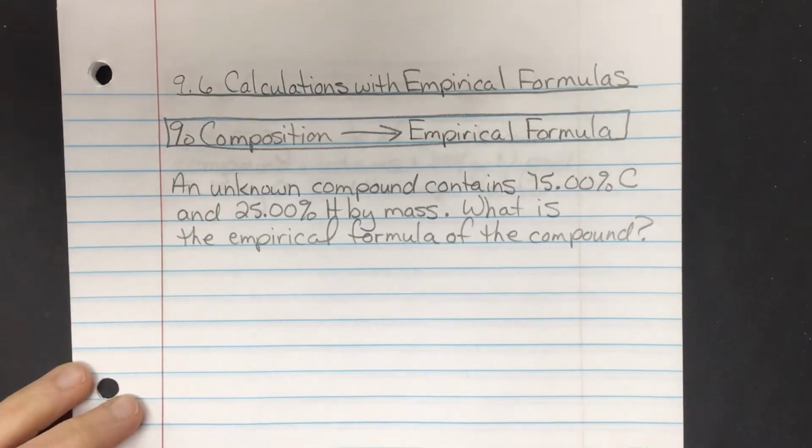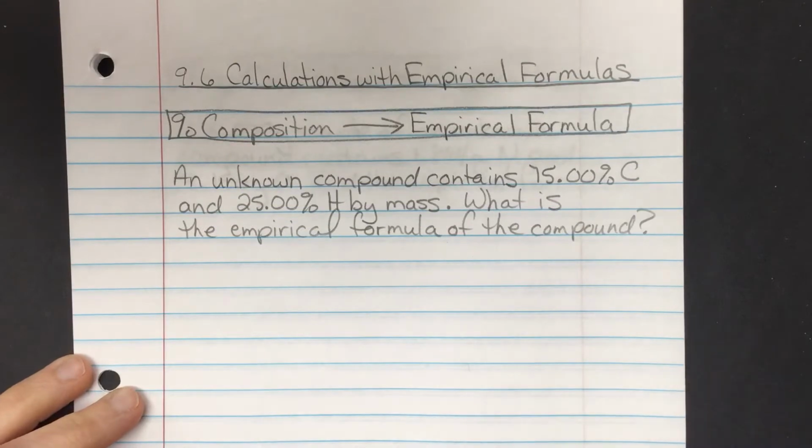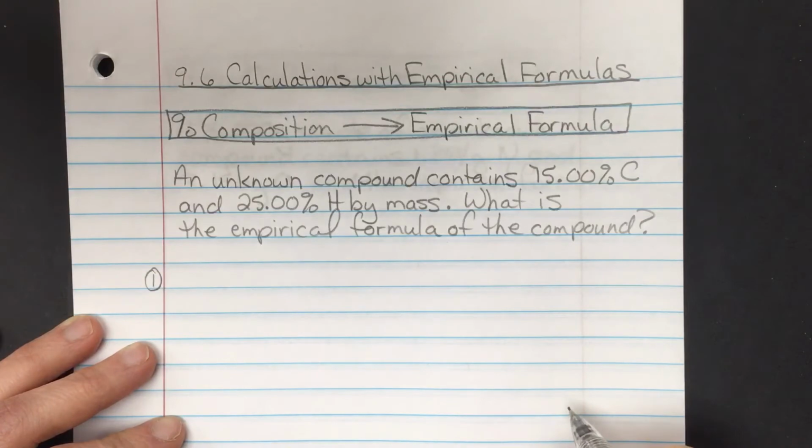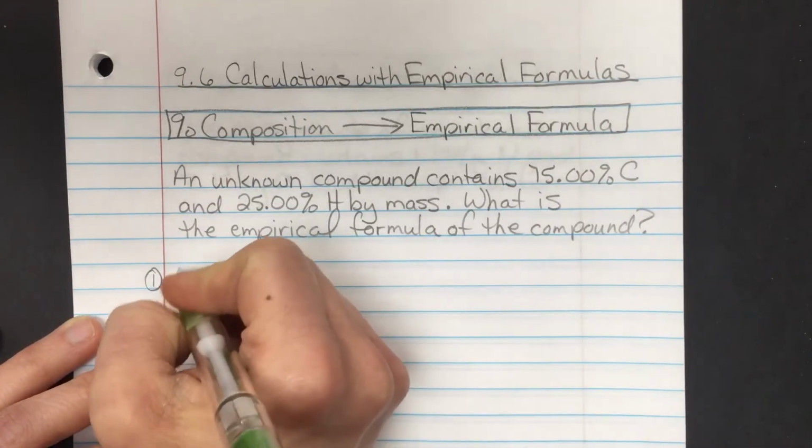So I have a problem. An unknown compound contains 75% carbon and 25% hydrogen by mass. What is the empirical formula of the compound? So the first thing we do, step number 1, is to assume you have a 100-gram sample.